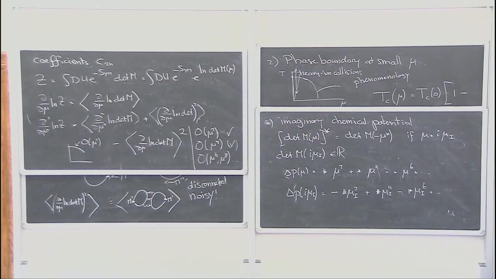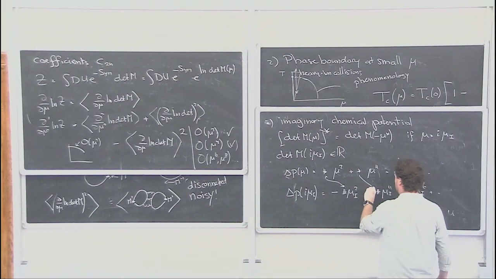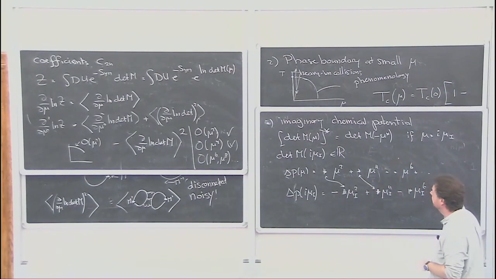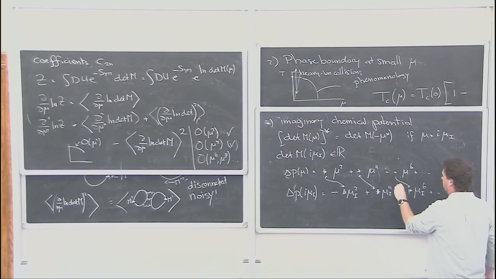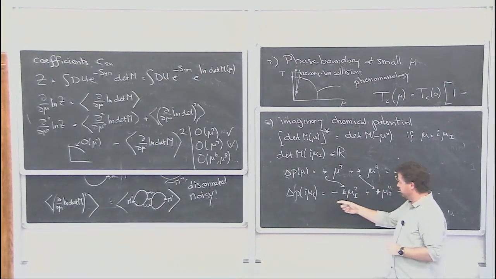So this expansion is still perfectly fine. I consider mu to be complex valued or imaginary. Importantly, these coefficients are exactly the same, because it's the same quantity I'm studying: the pressure as a function of complex mu. So I also have access to these coefficients in the Taylor expansion by going to imaginary mu.